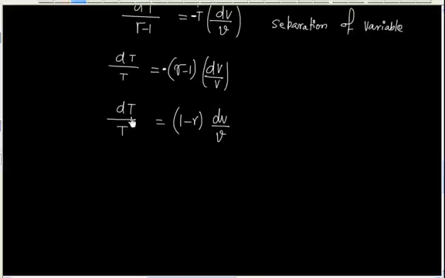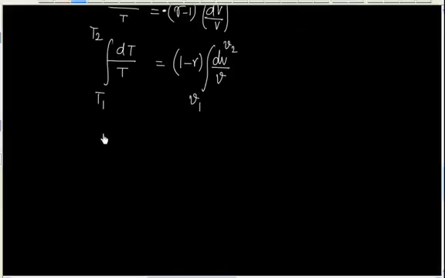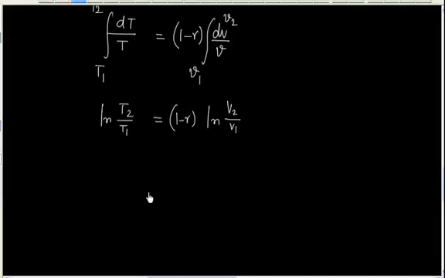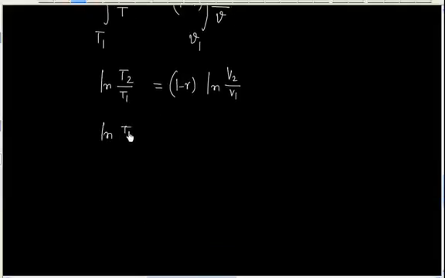Now let us integrate both sides, temperature from T1 to T2, and volume from V1 to V2. So this integration will be ln T2 by T1, and this side we will have 1 minus gamma ln V2 by V1. If I take 1 minus gamma inside the log, it will become a power. So ln T2 by T1 is ln of V2 by V1 raised to the power 1 minus gamma.